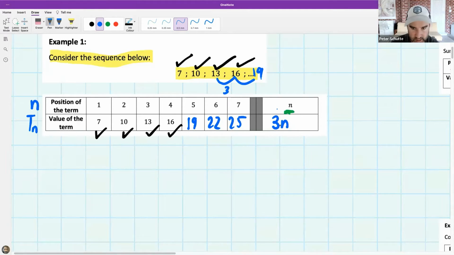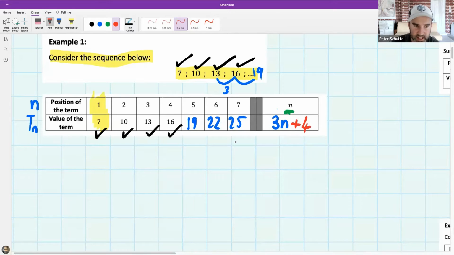But if I put 1 into my formula in this first row, 3 times 1 does not give me 7. So I need to add an adjusted term, or the constant term, to allow my formula to make sense. So I now go 3n plus 4.